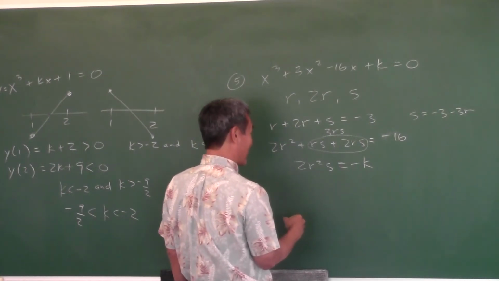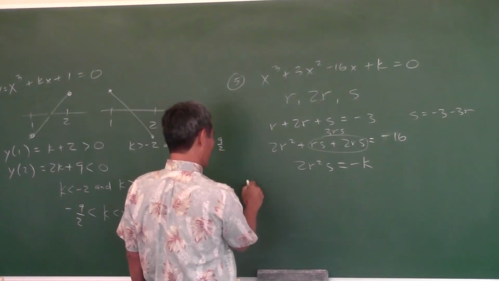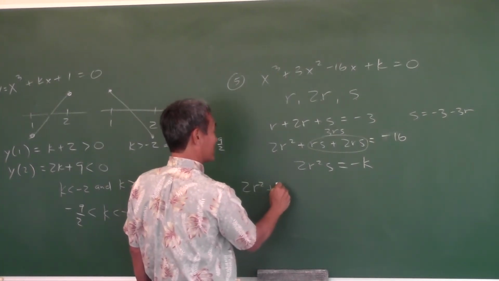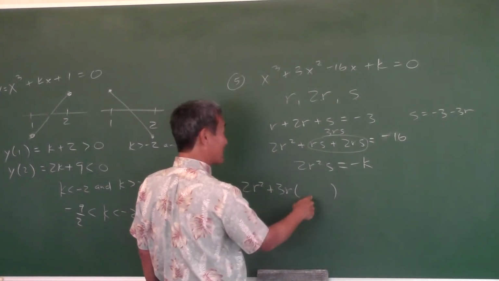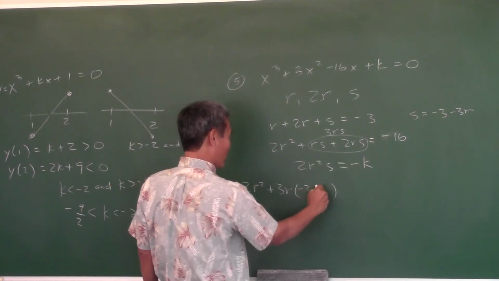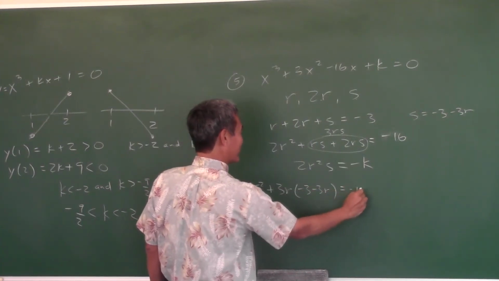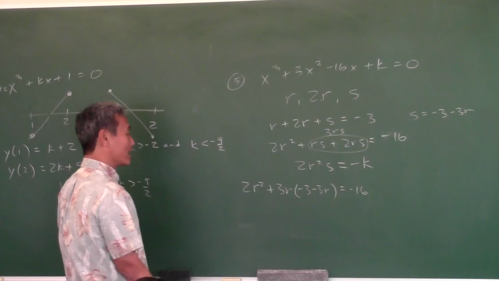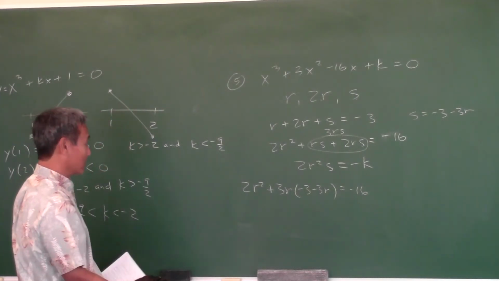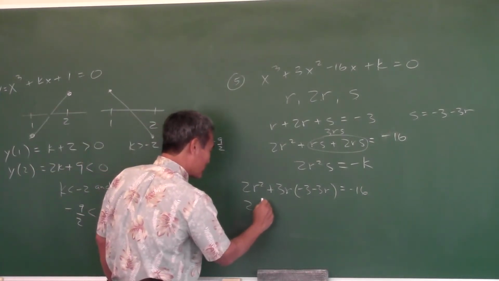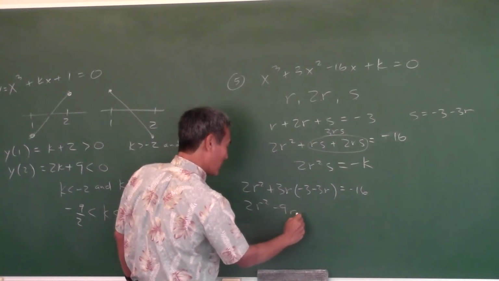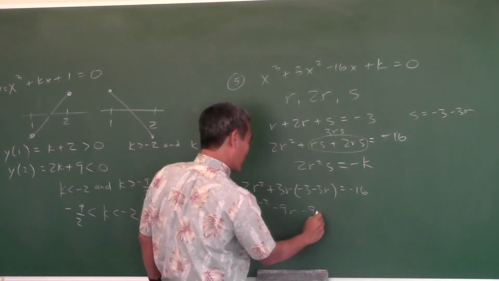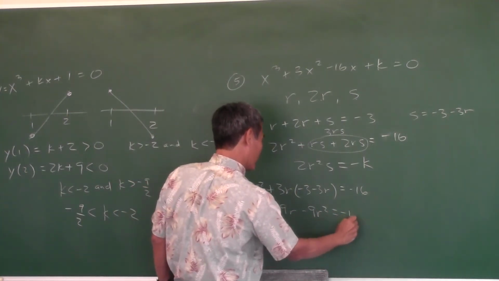So we got 2r squared plus 3rs, and substituting s in, it equals negative 16. Now we have one equation, one variable. You get 2r squared minus 9r minus 9r squared equals negative 16.